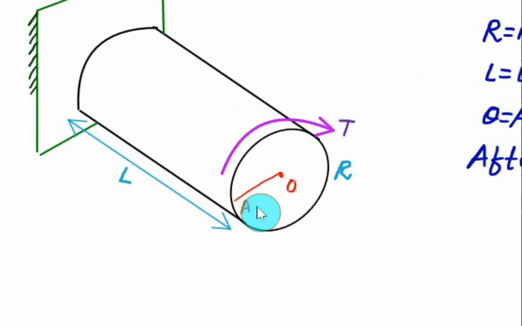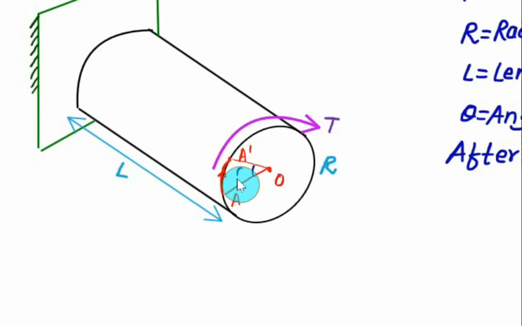When we apply the torque, this line gets twisted, and finally the point A will come to the position A prime. How much angle it has turned, this angle, is called the twist angle theta.